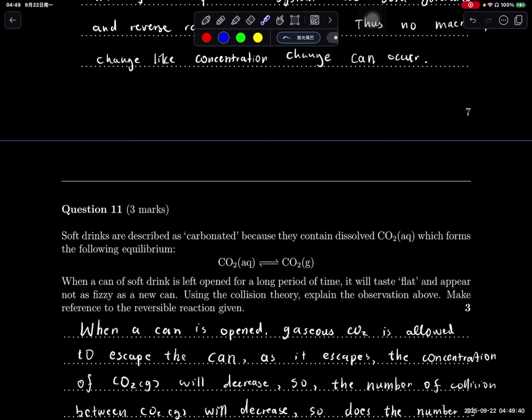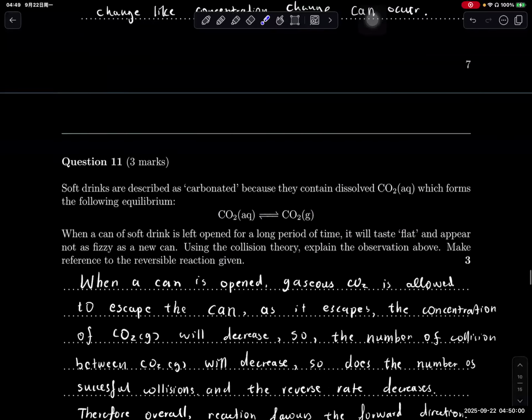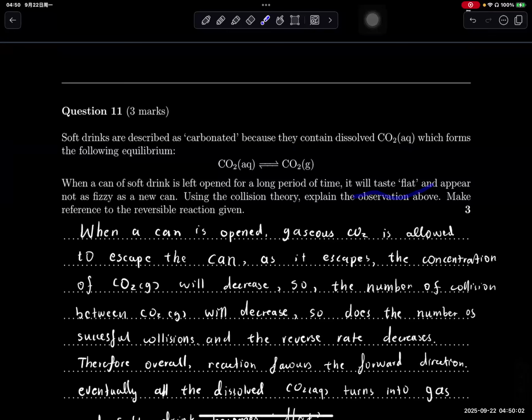Now, if the can is left open, basically what happens is this gas just escapes, and then this converts to more gas, and this gas just keeps escaping, and eventually all of the dissolved CO2 is gone. Okay, they reach some sort of equilibrium. This is when it tastes flat, okay, and appears not fizzy.